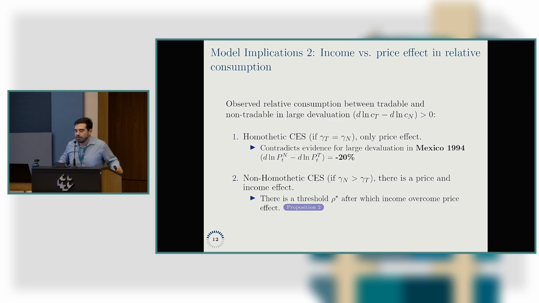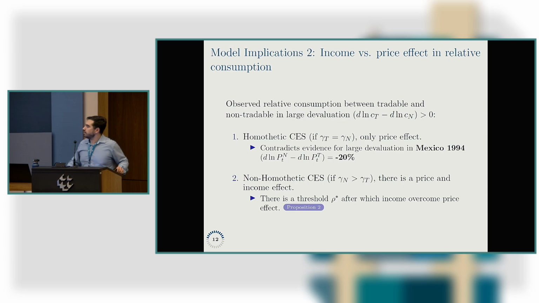But what we observe during large exchange rate devaluations is a higher increase in tradable prices. In the case of Mexico, this change in relative prices is about minus 20%. So the only way to reconcile the relative price change with the relative consumption change is with a negative elasticity of substitution.